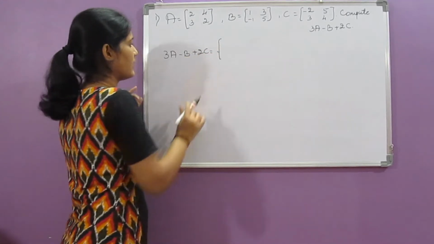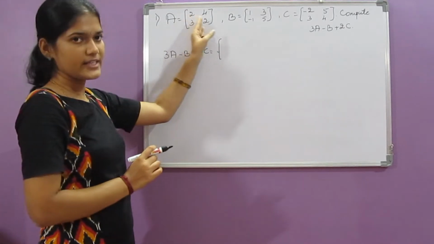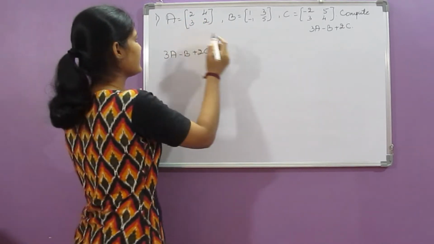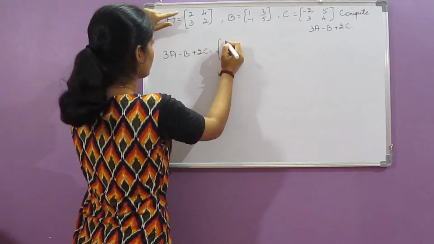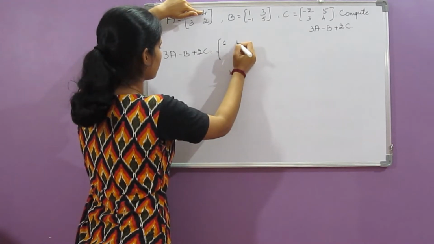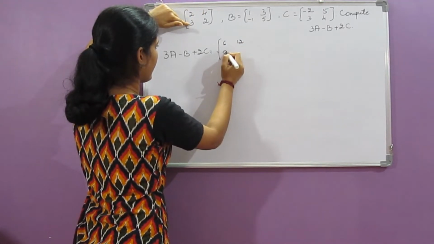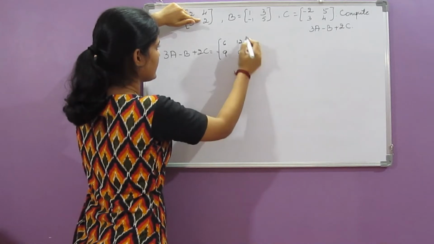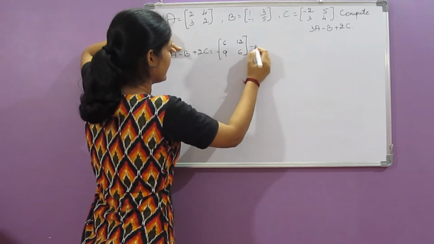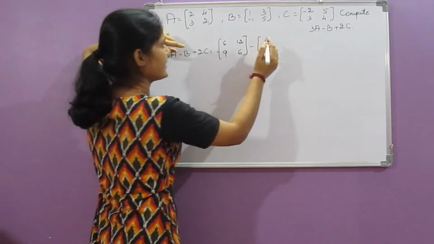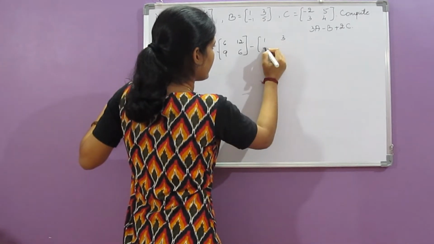3A is nothing but we have to multiply 3 with each element of the matrix. That is, the first entry will be 3 into 2, 6. Next is 12. Next 9. After this we will get 6. Minus B we will write as it is: 1, 3, minus 1, 5.